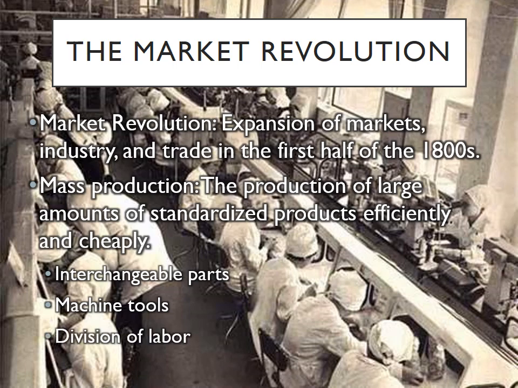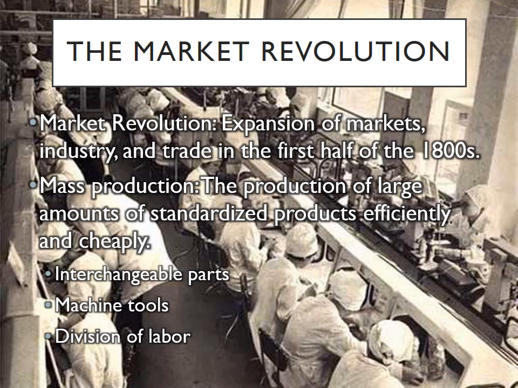Interchangeable parts allow for the replacement of a machine, machine tools allow for the production of an item quickly, and the division of labor creates specialization in a particular field. These make the market revolution possible.